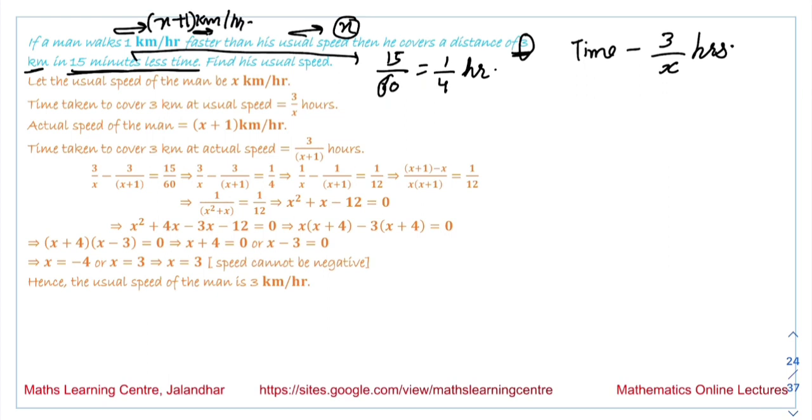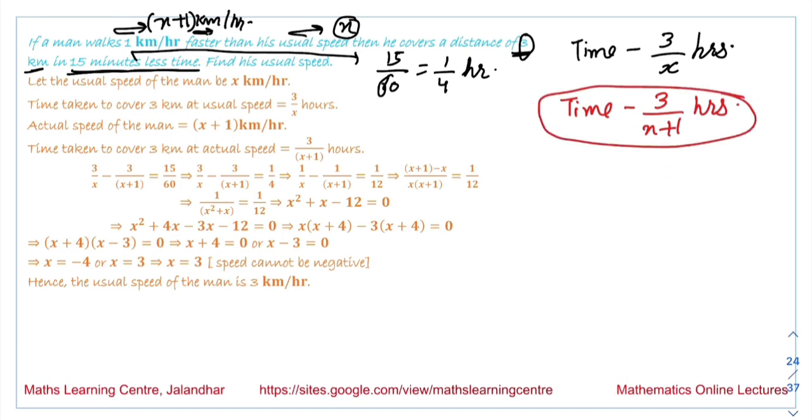So corresponding to this speed, the time taken will be 3 over x plus 1 hours. When the speed is increased, the time will be reduced. It means this value is the greater value.